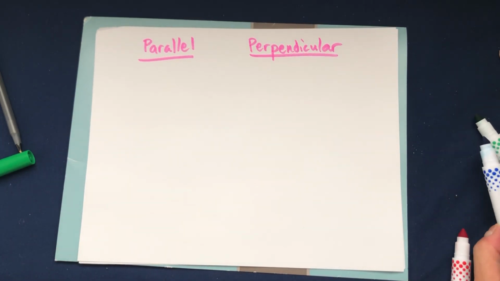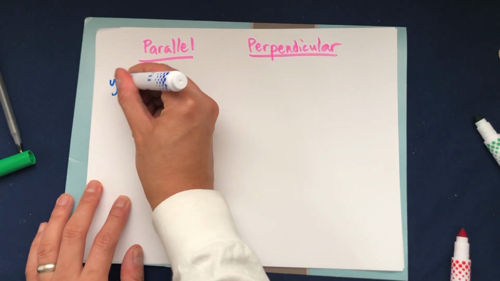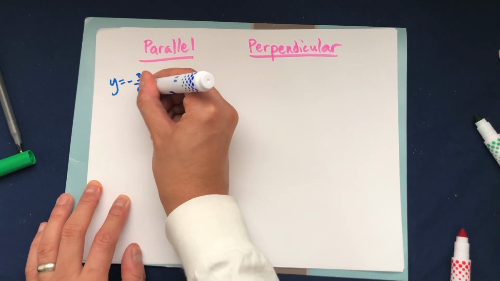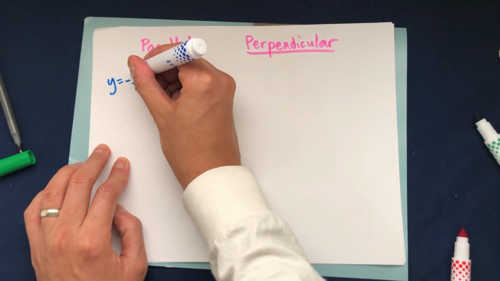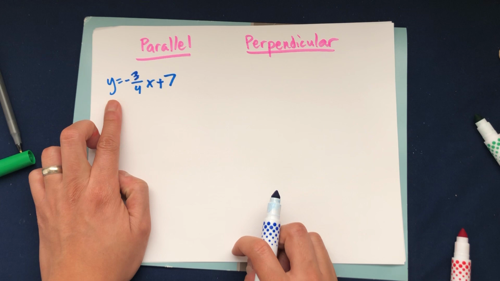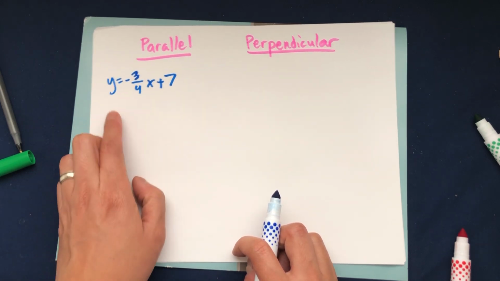So let's take a look at our first equation, y equals negative 3/4 x plus 7. This is my equation, and how would I create an equation that is parallel to this equation?